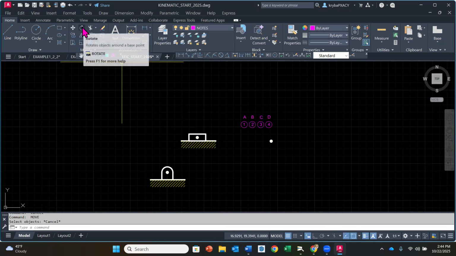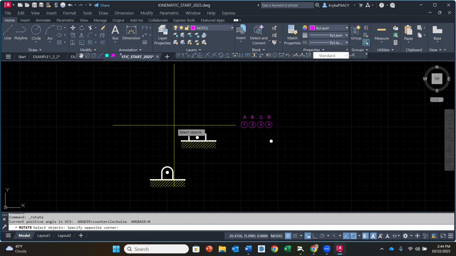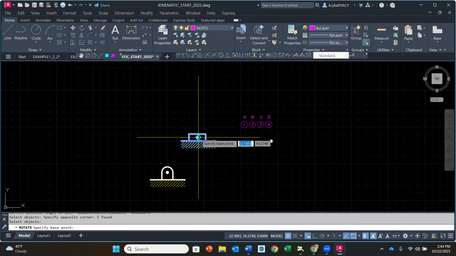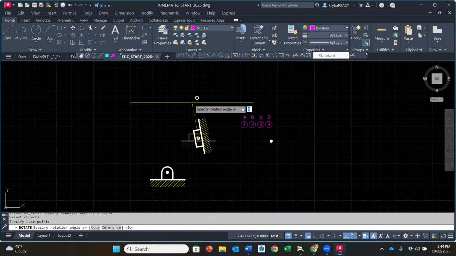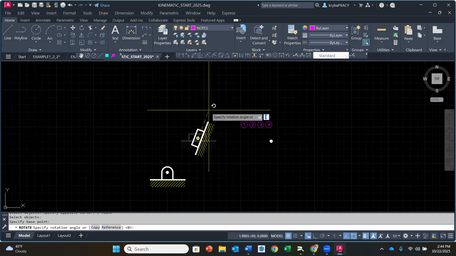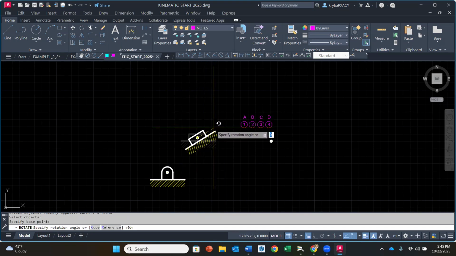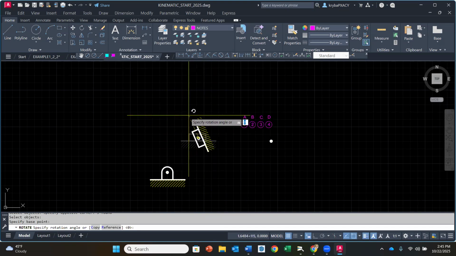So I'm going to use the rotate command in the modify section. I'm going to select my slider endpoint, and then my base point is just going to be wherever. But notice that we need to identify the rotation angle. If you remember, a positive rotation is counterclockwise. So I would be rotating this counterclockwise.